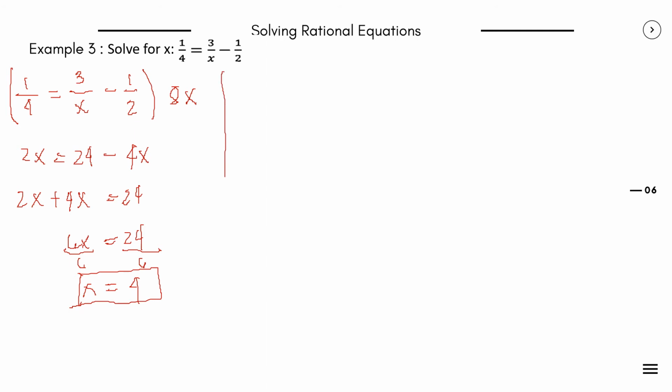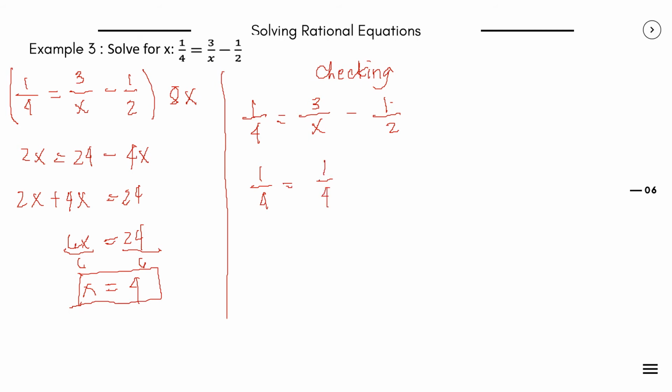Okay. So, let's have our checking. Okay, so, let's rewrite first the original equation natin, kasi dito natin siya isa-substitute. So, our value for x is gonna be 4. So, 1/4 is equals to 3 over 4 minus 1/2. That should be 3, not 1.